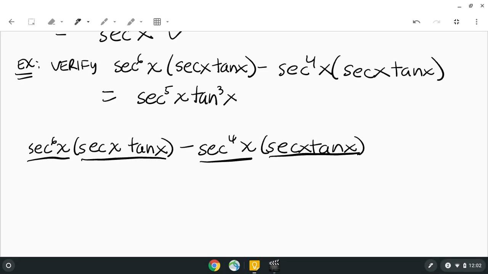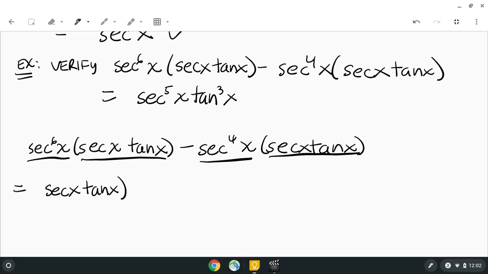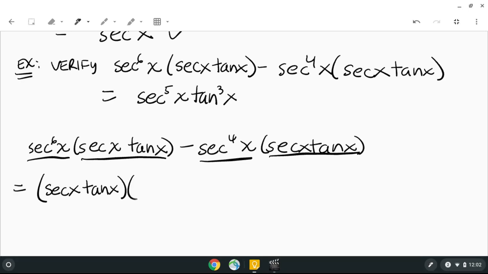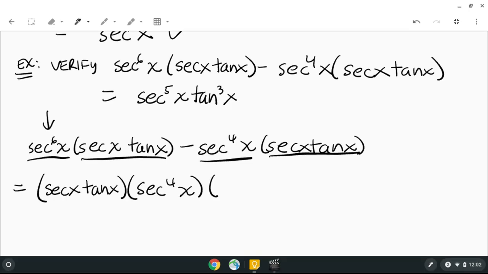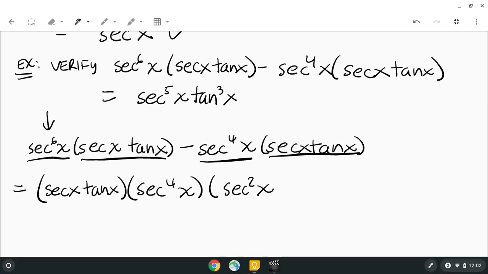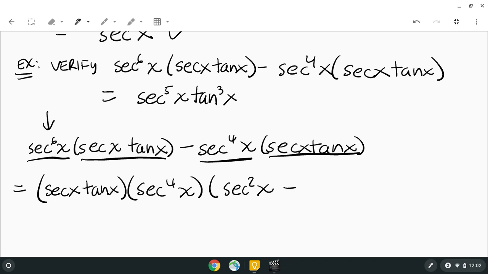We're going to factor out secant x tangent x, up to 4 of these. If I do that, I'll still need 2 more here, so secant 2x. And over here on this next term, I don't need anything, so I'll put that.